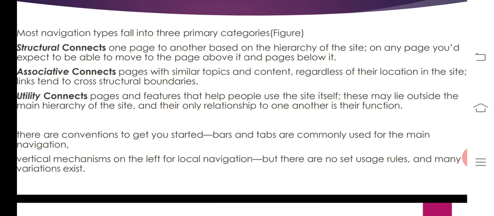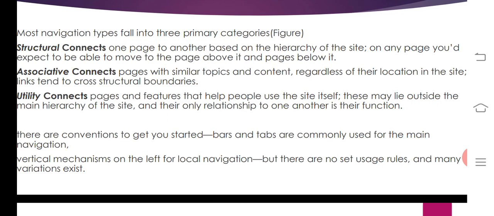Utility connects. There is small content you are navigating to, and the links tend to cross structural boundaries only a limited amount, just one page with small content. The utility connects are page features that help people use the site itself.